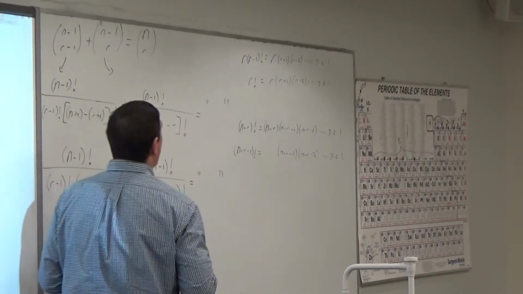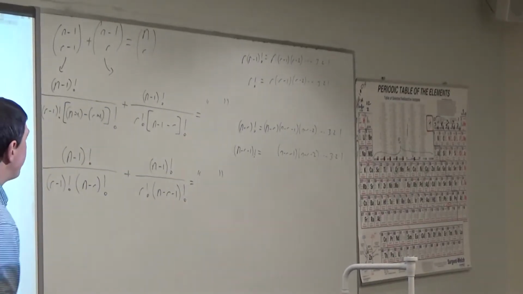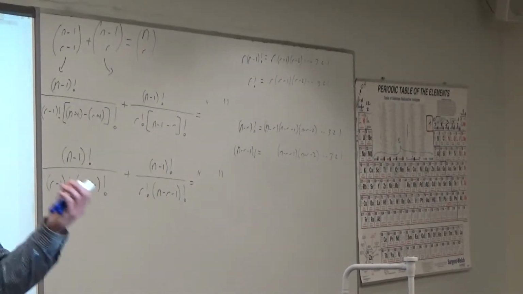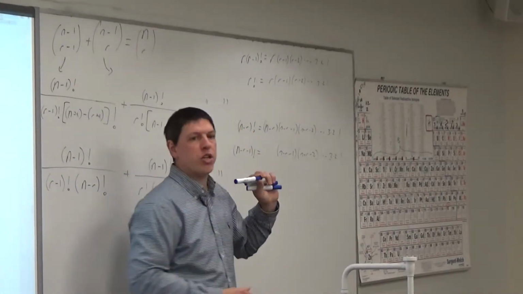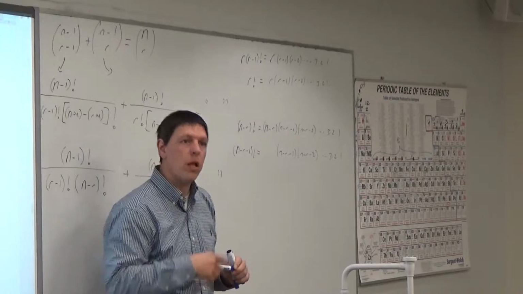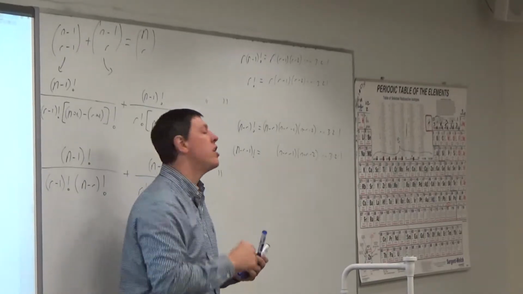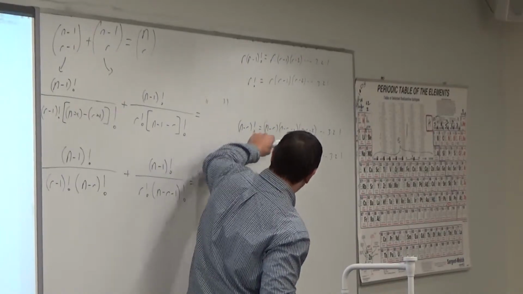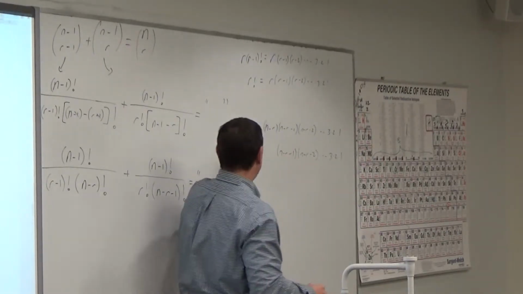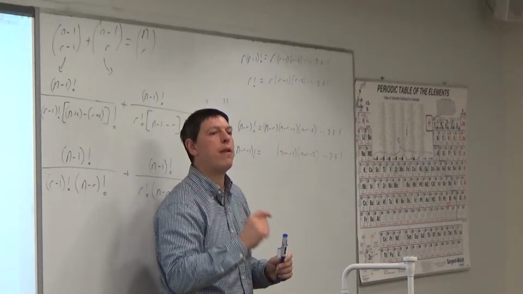What would be the least common multiple, or least common denominator, between these two expressions? N minus r fact, right? Guys, isn't it plainly obvious that n minus r minus 1 has every single factor as n minus r fact except for n minus r?